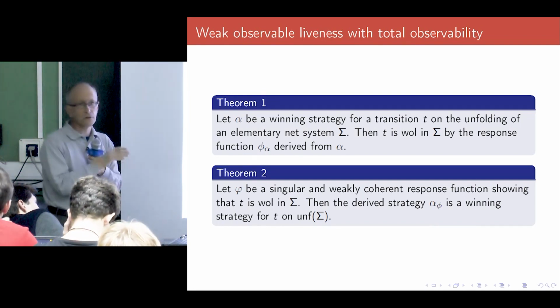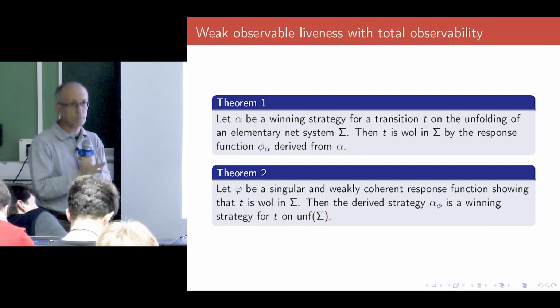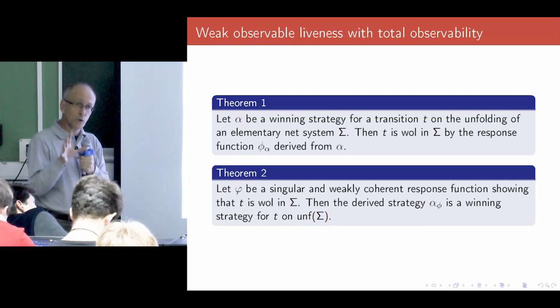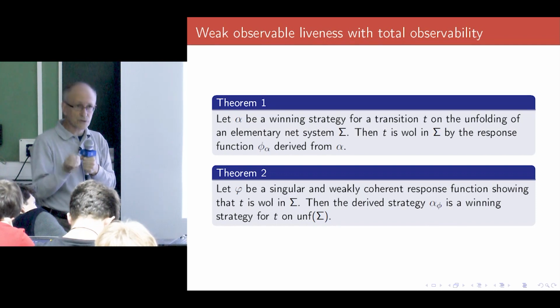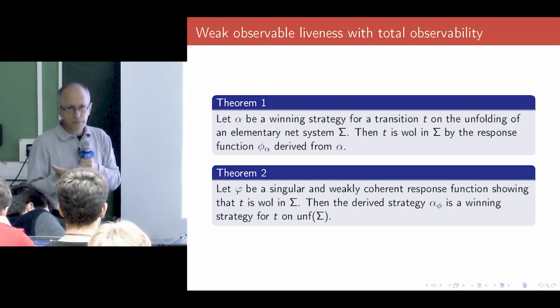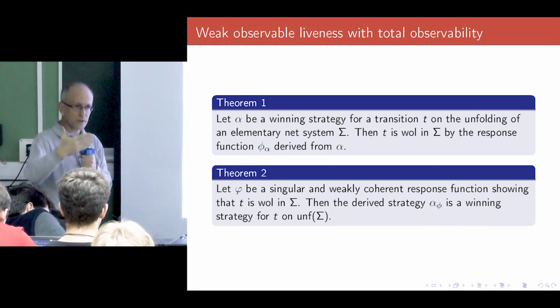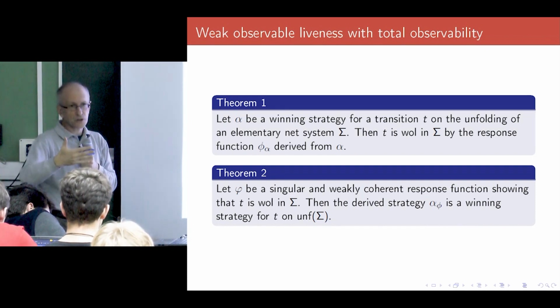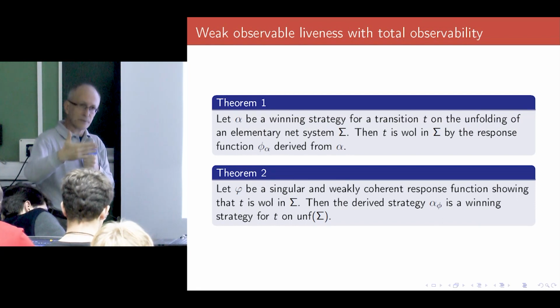But this is in the restricted case in which we can assume that the player can observe all the transitions, which is of course a strong restriction in practical applications. Quite often, if we interact with a system, we have only a partial knowledge of what happens in the system.